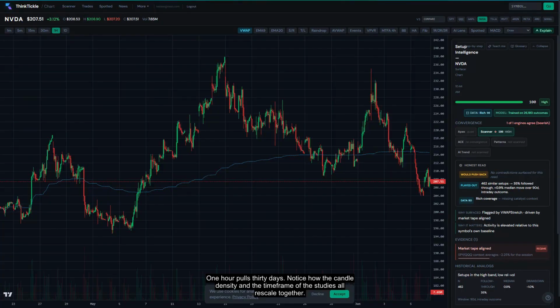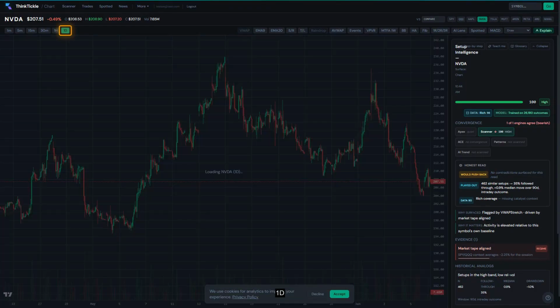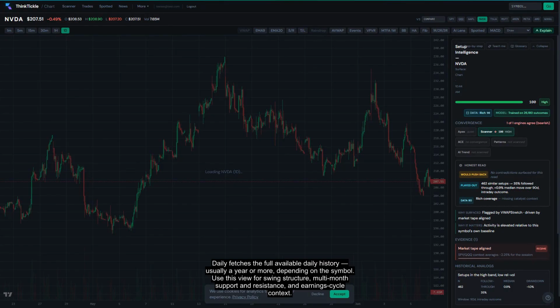Notice how the candle density and the time frame of the studies all rescale together. Daily fetches the full available daily history, usually a year or more, depending on the symbol.